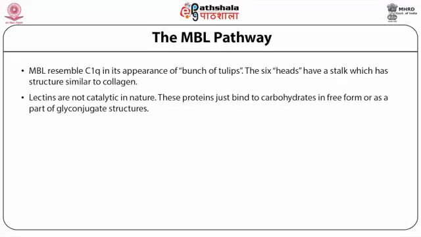These proteins just bind to carbohydrates in free form or as a part of glycoconjugate structures. In this case, the stalk of MBL is associated with 2 serine proteases called MASP1 and MASP2. MASP stands, of course, for MBL associated serine protease.